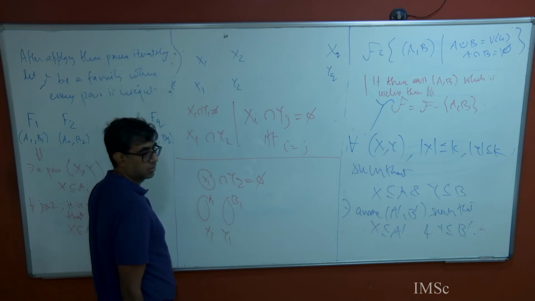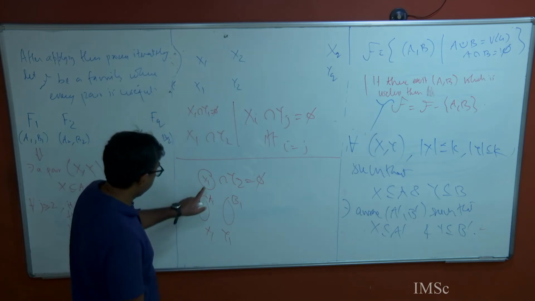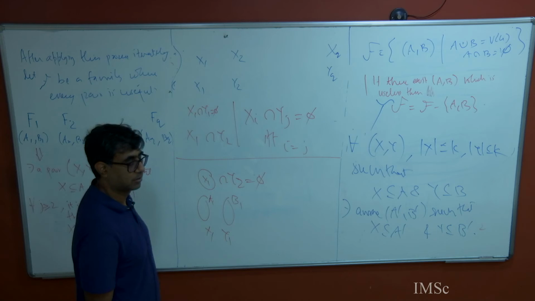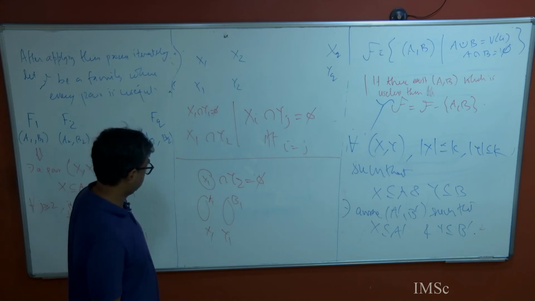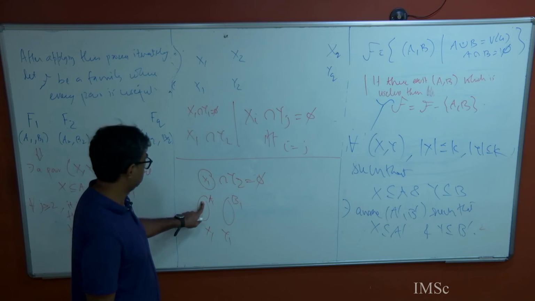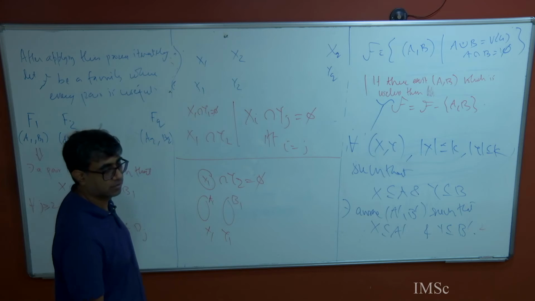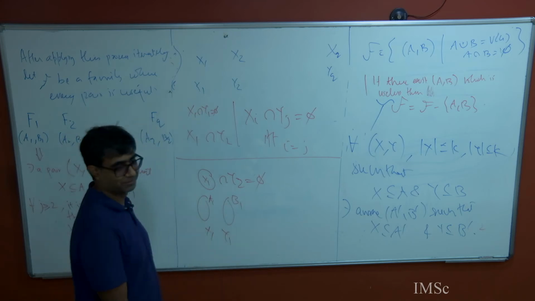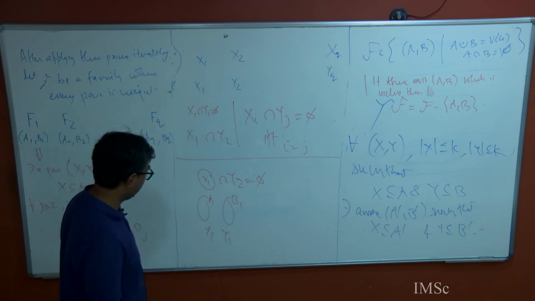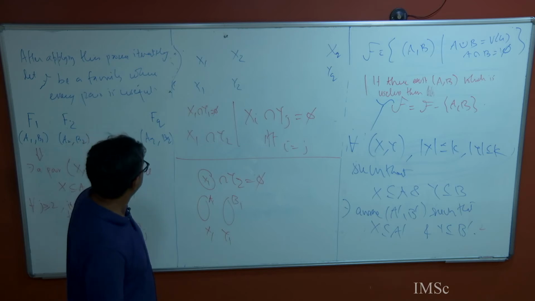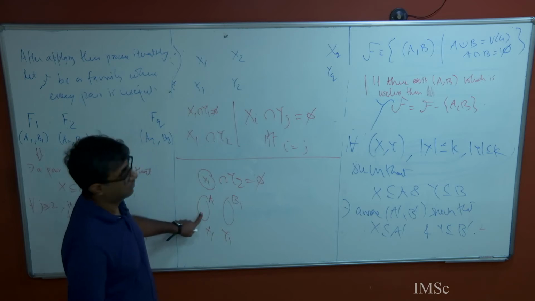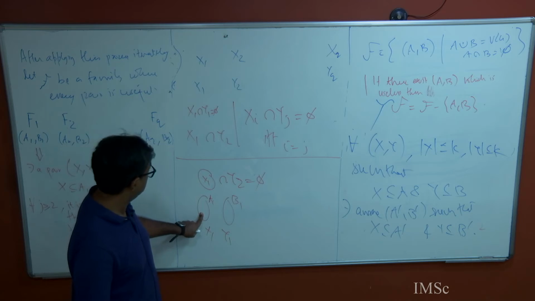So a1 must be contained in x2. x1 intersection y2 equals phi, yes, a1 has no element in y2. So a1 must be contained in x2, correct.